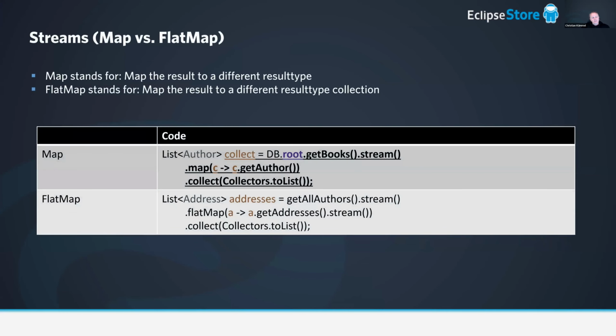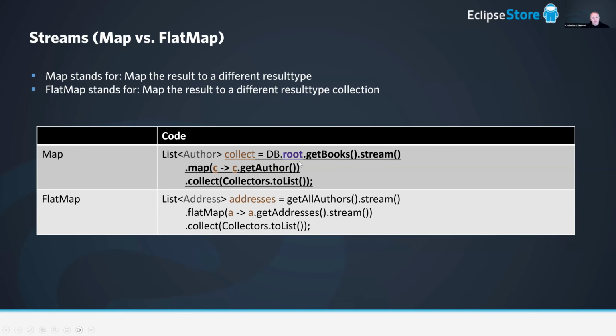Okay, this is another point that could also sometimes be a little bit confusing. What if you want to have a specific type as a result, like this one here? Let's say we want to have all authors from a specific list of books. So we stream through the books, but we don't want to have the books at the end.